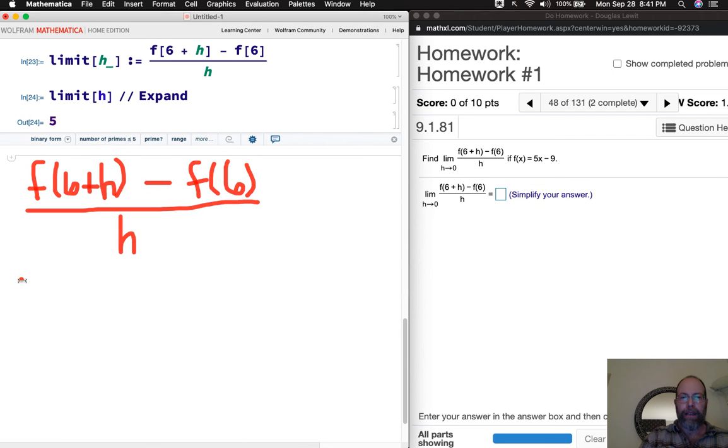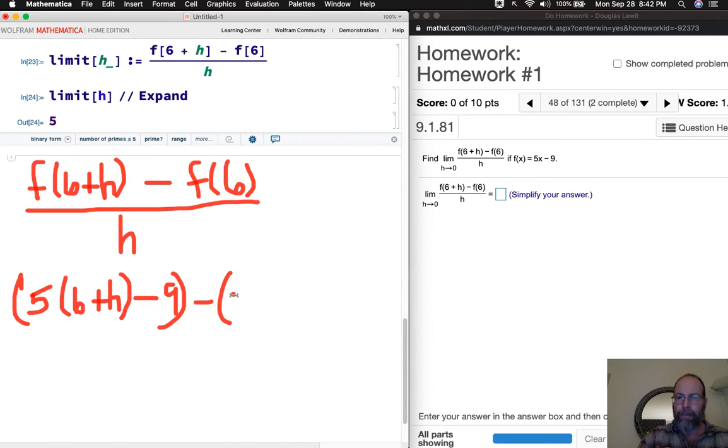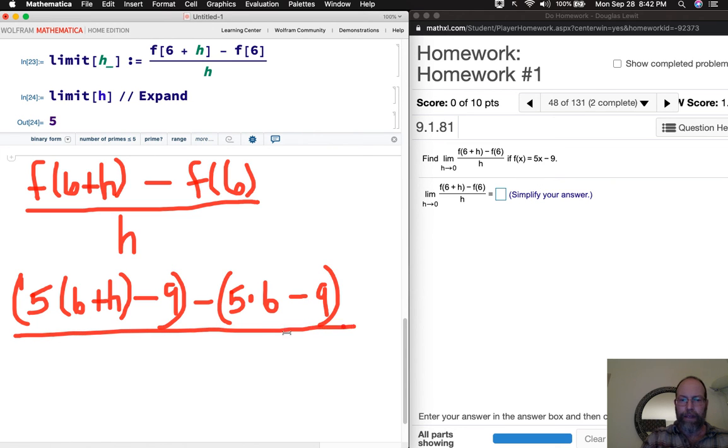So that's going to be 5 times 6 plus h, minus 9, minus f of 6, so we have 5 times 6 minus 9, and the whole thing divided by h. Okay, I'm running out of space here, but let's see.